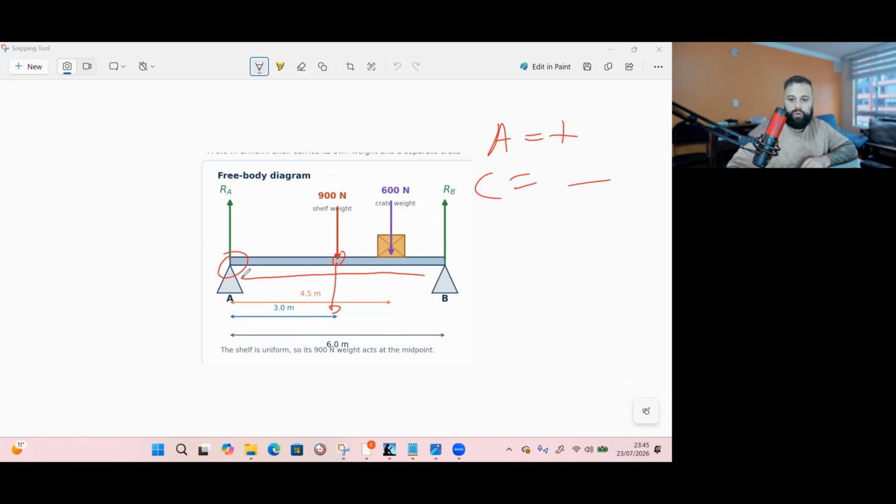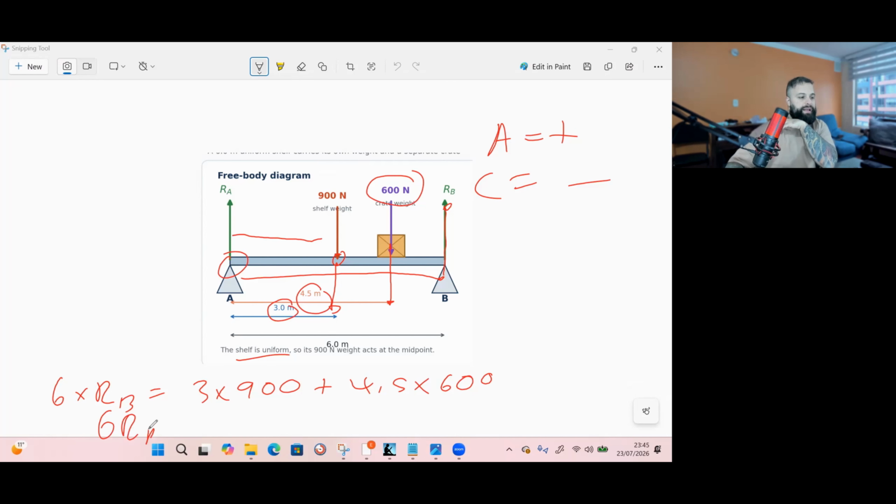One of the moments is 6 meters times RB, and it should be balanced by the other moments: 3 meters times the weight of the shelf, which is 900, plus the weight of the crate, which is 600 newtons, 4.5 meters away. So 6 RB equals 5,400 newton meters.